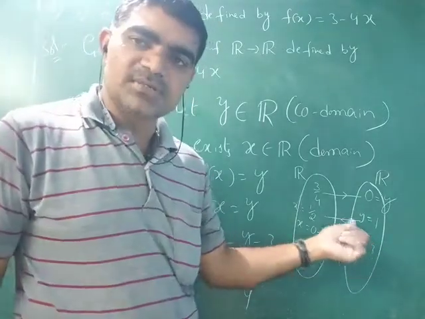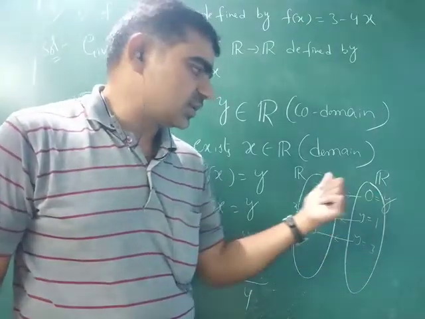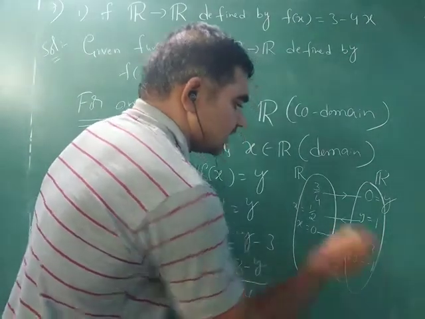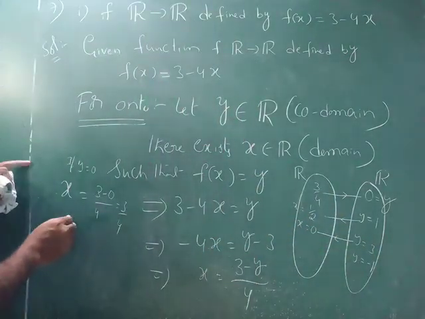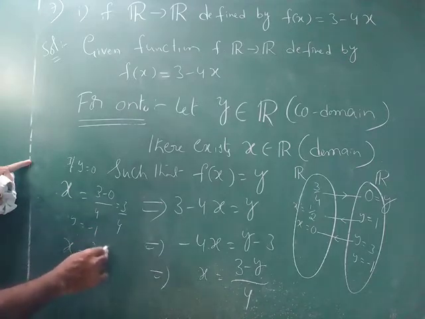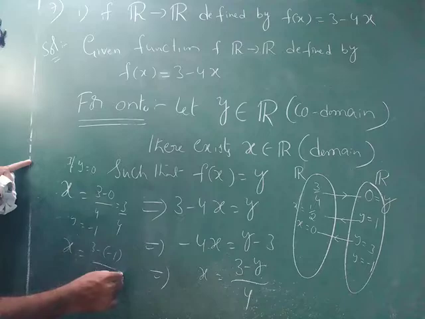For 1, the pre-image is 1 by 2. For 0, the pre-image is 3 by 4. Suppose y is minus 1. If y is minus 1, what is the value of x? 3 minus of minus 1, by 4.